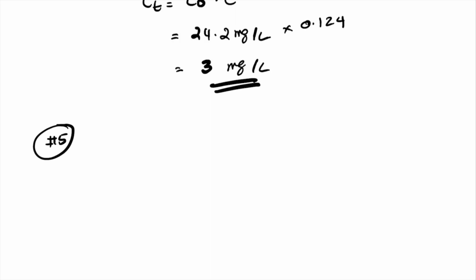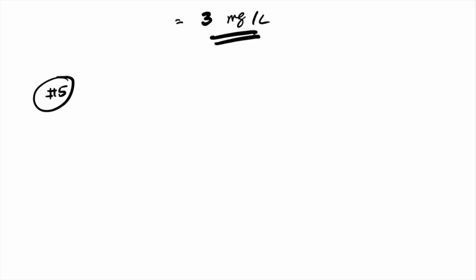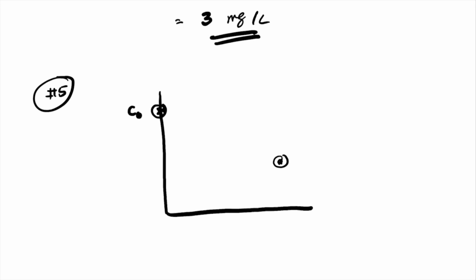So basically, if you take the plasma level versus time curve, that's C0, and that's your minimum effective concentration.